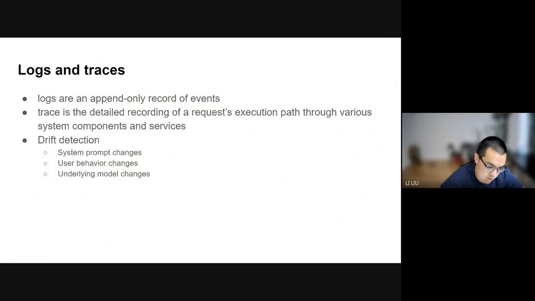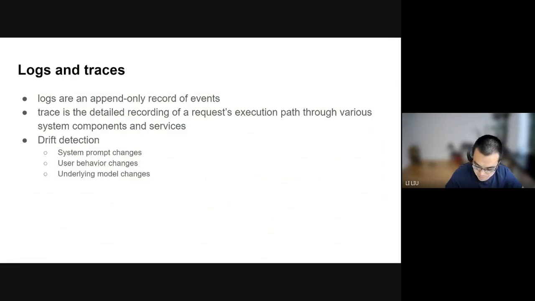So for underlying model changes, you need to do a lot of version control and make sure that you also log the particular version of the model you use to generate the output. This way you can not only do the comparison, but also make sure you are serving the best response to the user, no matter which model version it uses.